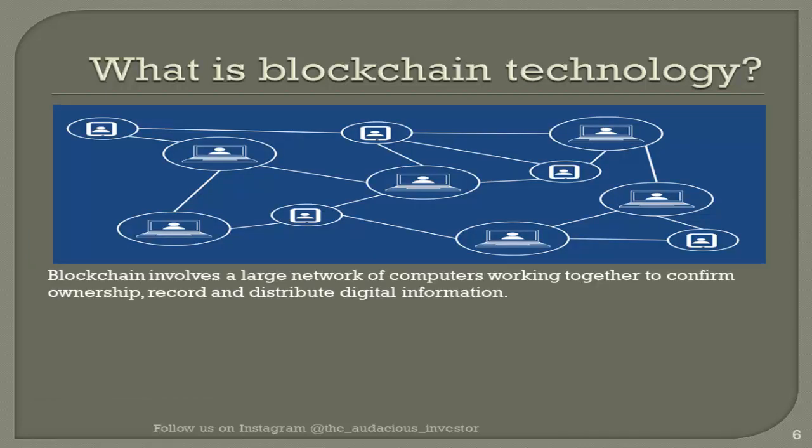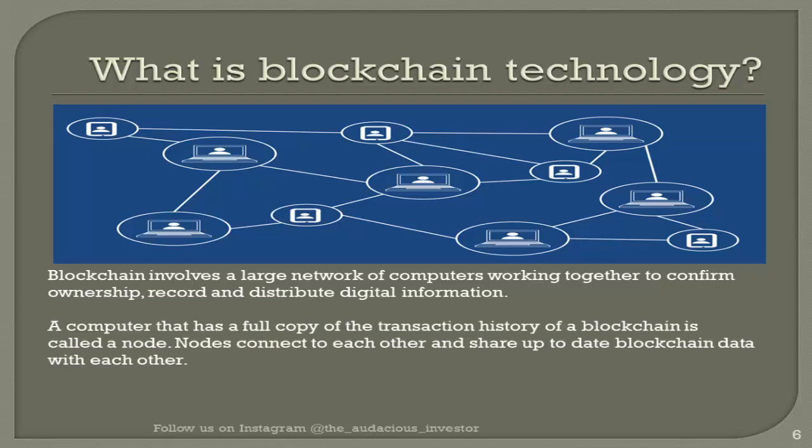So blockchain involves a large network of computers working together to confirm ownership, record and distribute digital information. A computer that has a full copy of the transaction history of a blockchain is called a node. So very important, if you need to write that down, write it down.